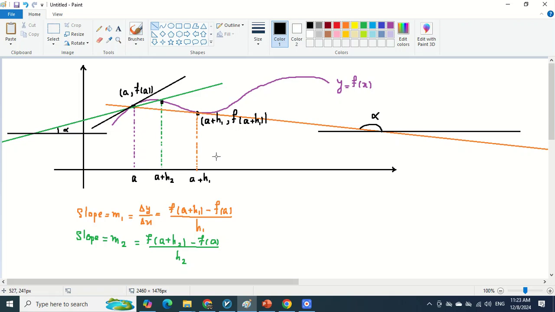At the end of the day, this is the conclusion that I want to reach: the slope of the tangent line, the line that is tangent to the given graph, can be calculated as a limit of those values, and the limit is determined by f prime, or the derivative at the point A.